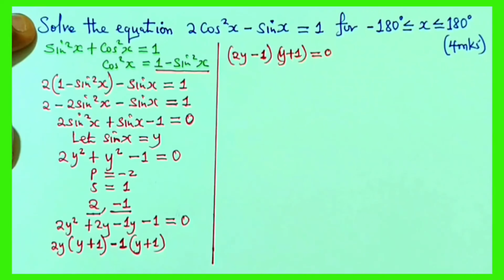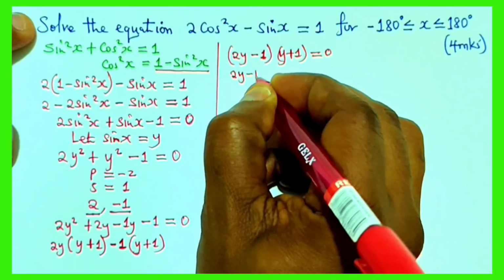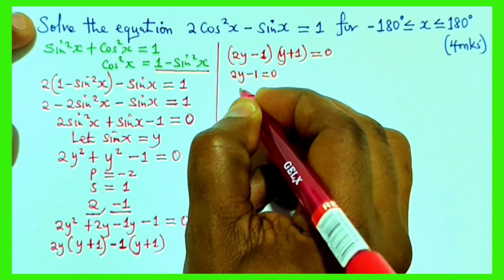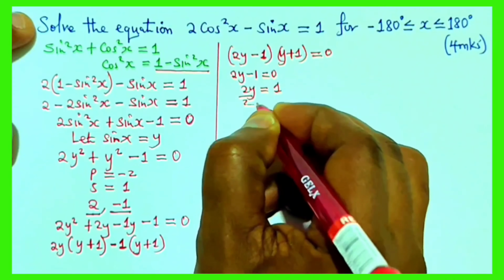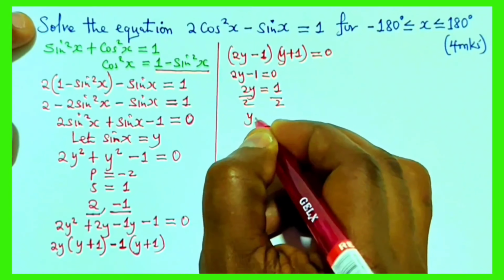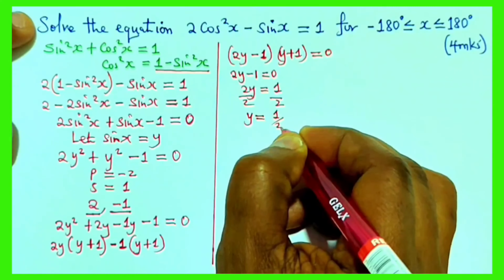Those are the two factors to be equal to 0. Solving for y, we are going to have 2y minus 1 is equal to 0, and therefore 2y will be equal to 1, and when you divide both sides by 2, we get the value of y to be equal to a half.